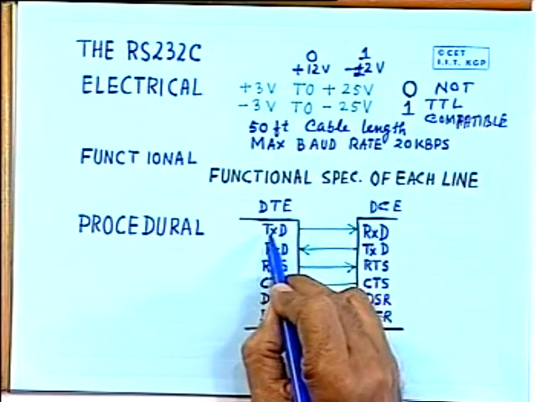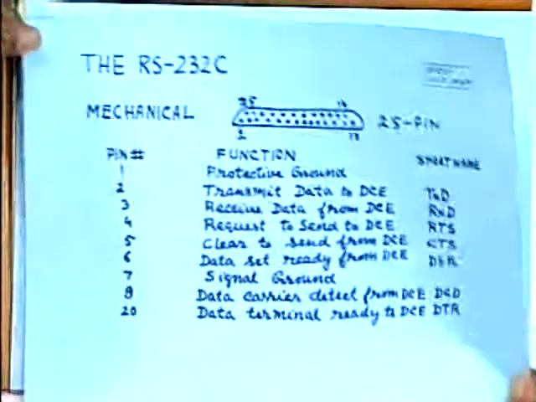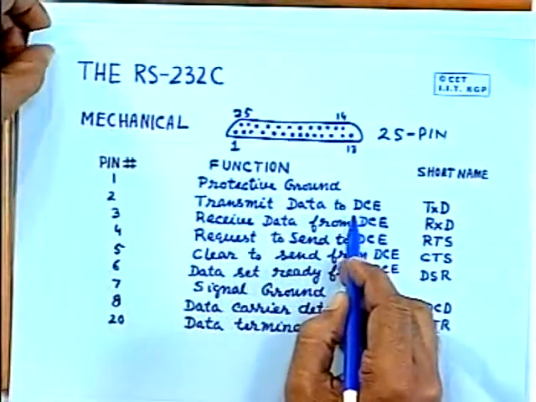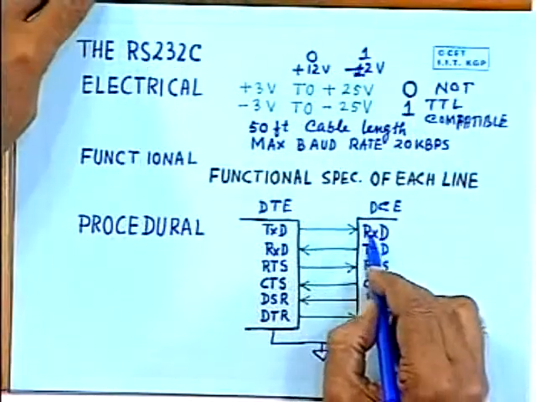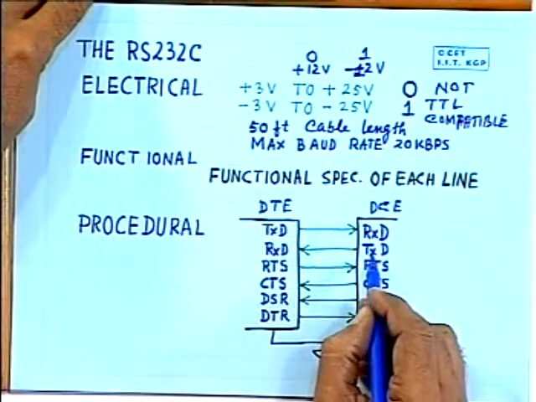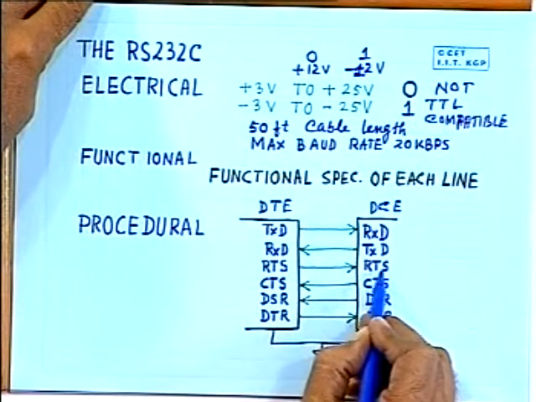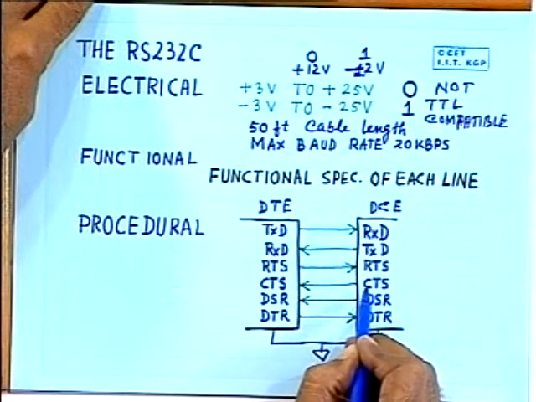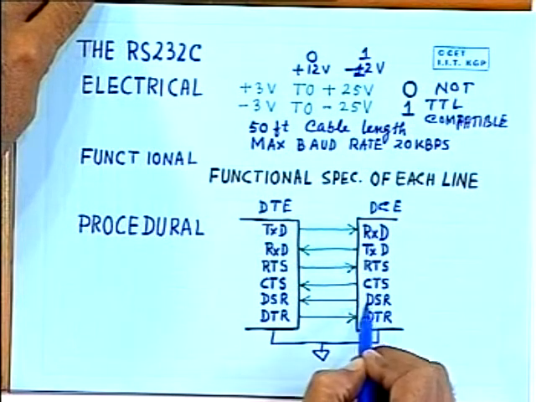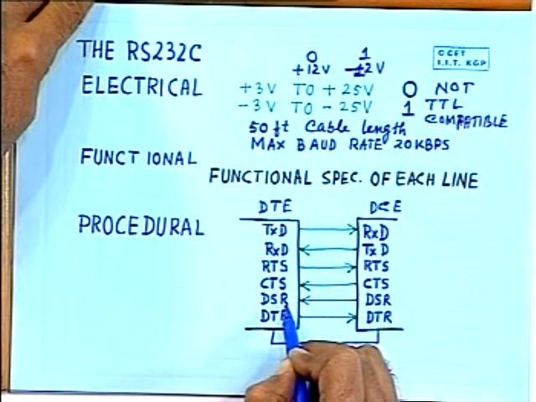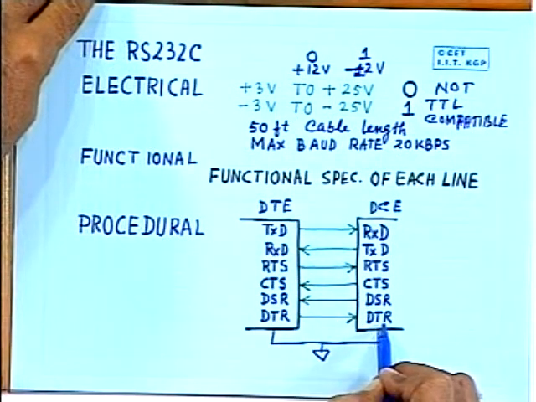Then you can see here TXD is connected to RxD, that means pin number 2 of DTE is going to RxD, here also it is pin number 2, then TXD is connected to RxD of DT, and RTS is going to RTS of DC, CTS from DC is coming to CTS of DT, and DSR is coming from DC to DT, and DTR is going from DT to DC.